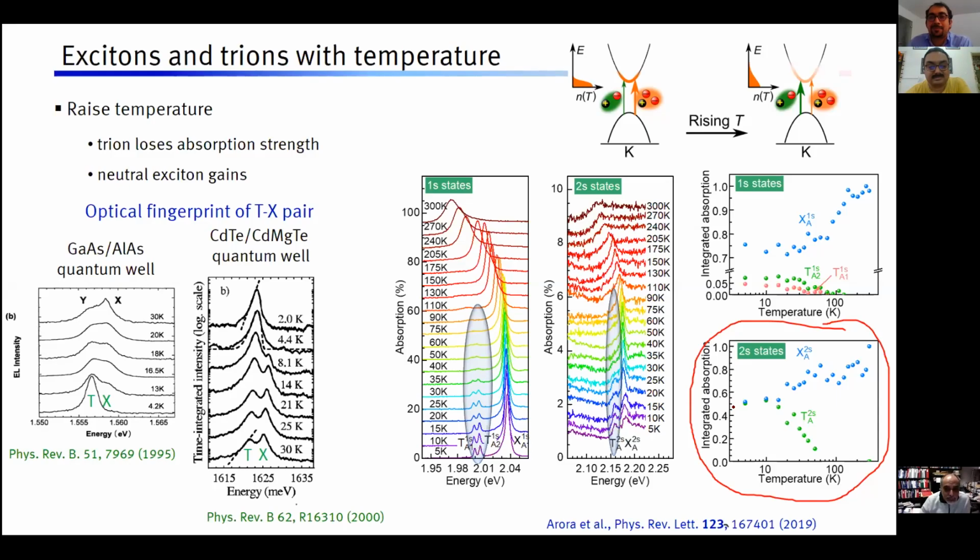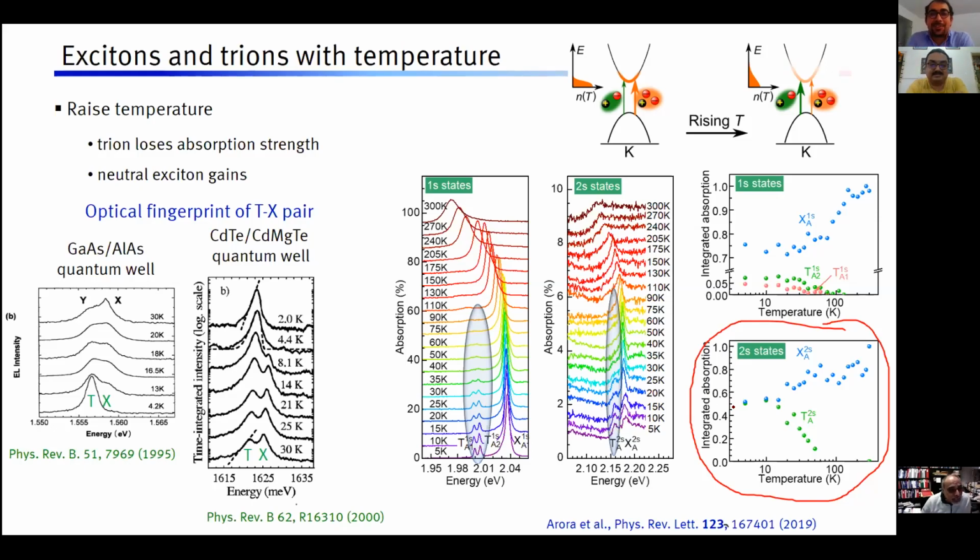But then it prompted the question: as the temperature is increasing, in some sense, the T2S is getting empty, right? Fewer of those. Would that lead to some kind of interesting effects on the line widths of the X2S as a function of temperature? They are so close, are they not coupled in terms of some strange kind of line width behavior?